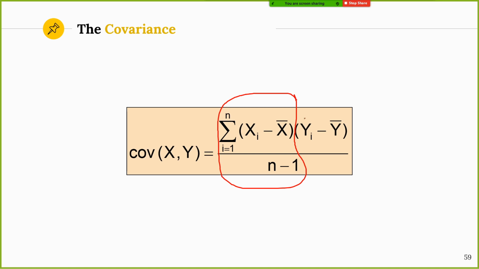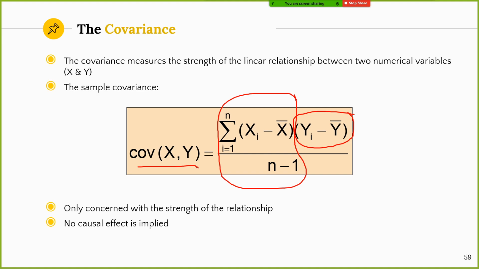But in this case, we also have this y. We call it covariance of x and y, variable x and variable y. So in this case, we have two variables. This is the measure of the strength of the linear relationship between two numerical variables, x and y.